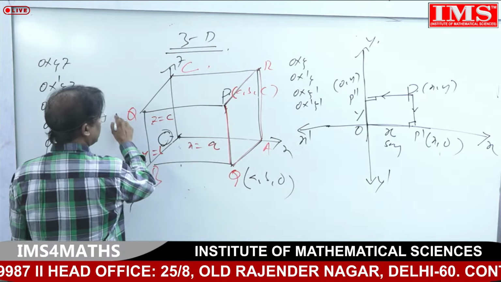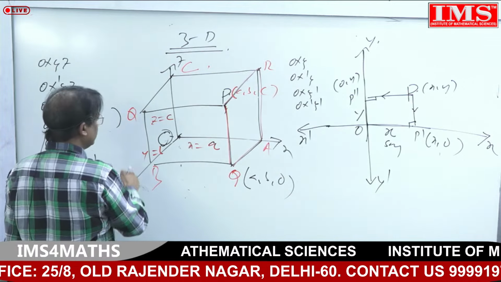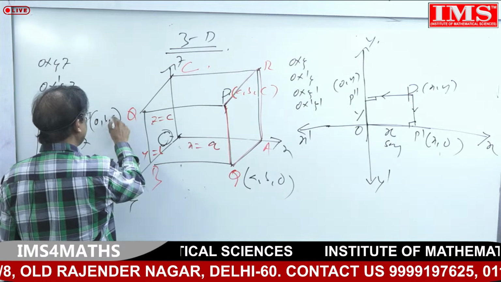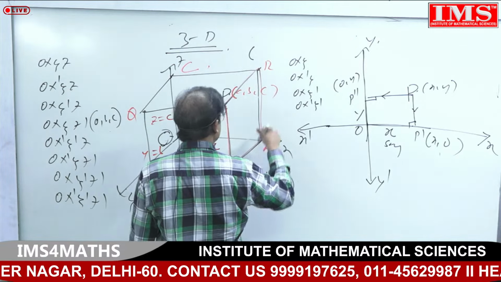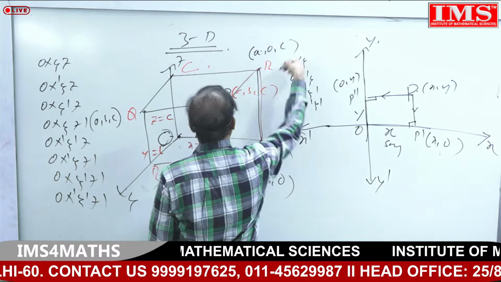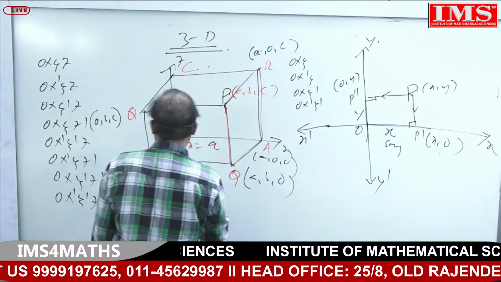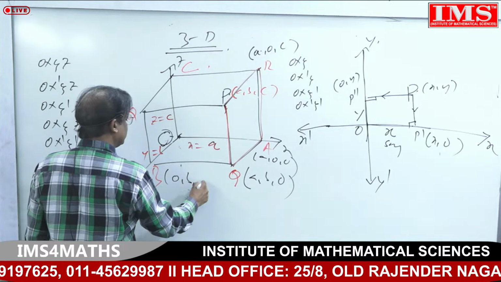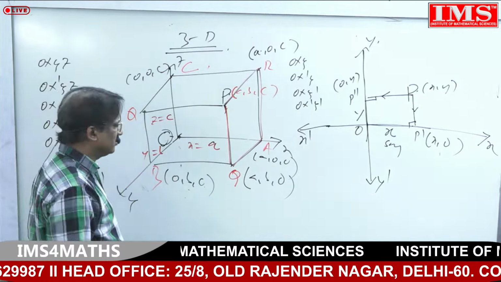Here B and C are present, so 0, B, C. Here X and Z are present, Y is absent, so A, 0, C. And here A, 0, 0. Here 0, B, 0. Here 0, 0, C. That's it. We can easily write.